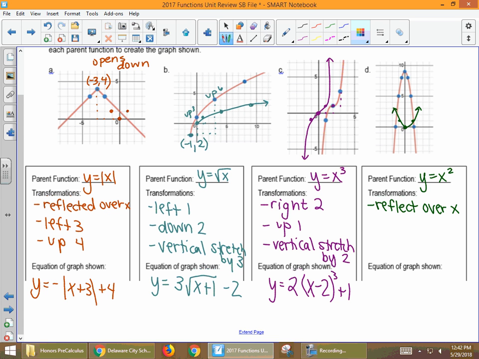It's been moved up 9 units. Our vertex is up there at (0, 9). And it looks like we have some kind of vertical stretch, horizontal shrink situation. So let's look at our relationship.